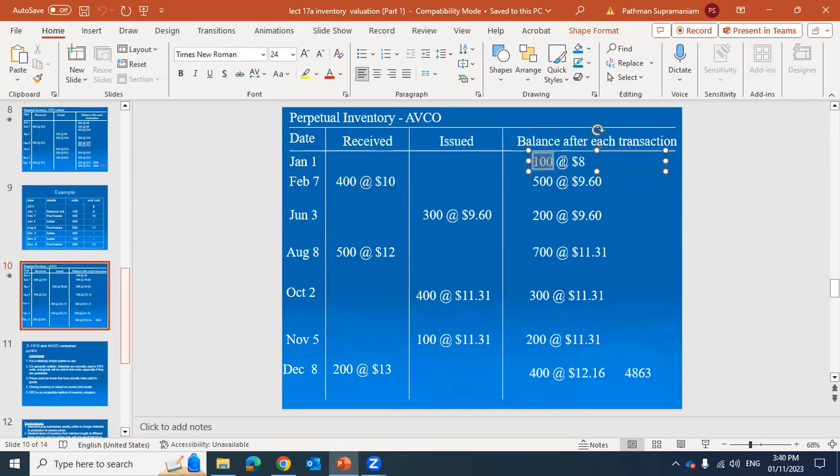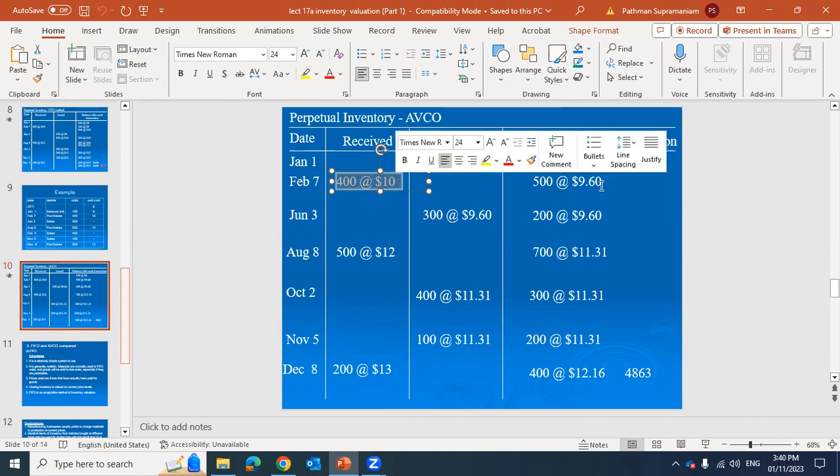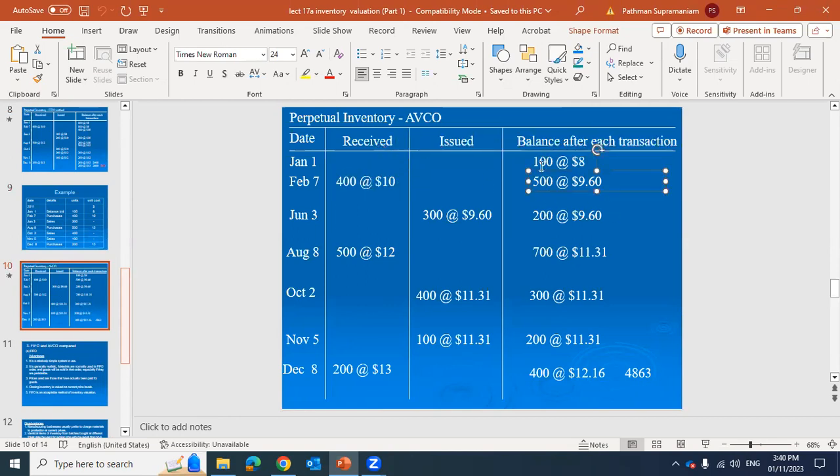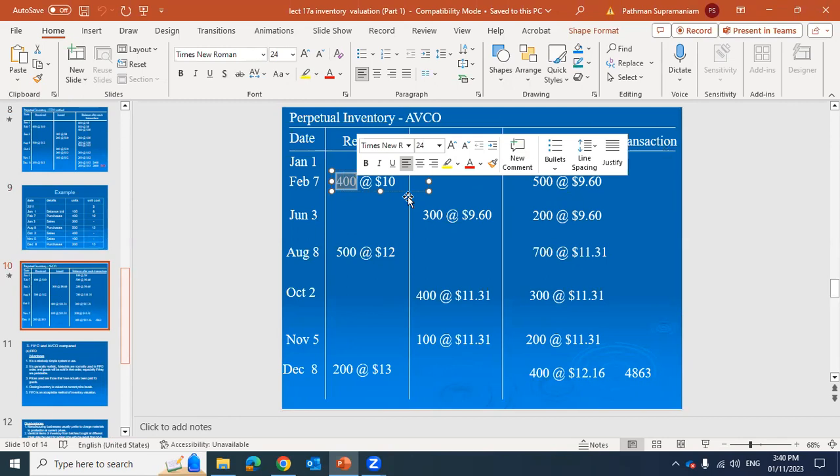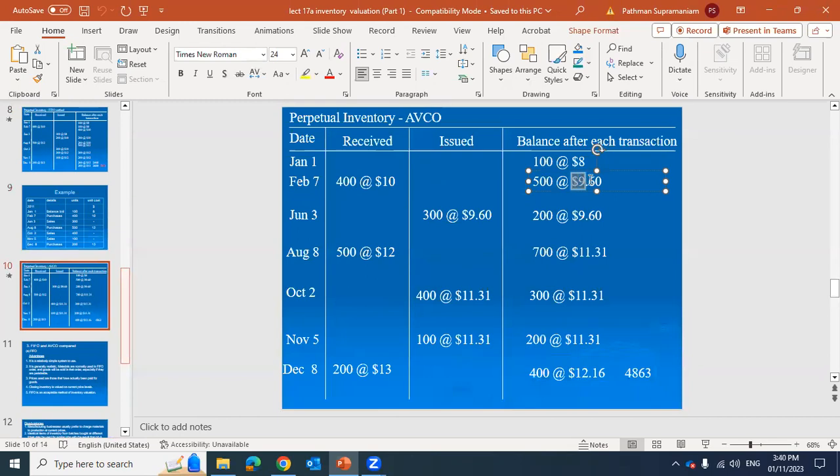So adding these, you'll get 800 plus 4,000, so that's 4,800. And you need to divide 4,800 with the number of units, which is 100 plus 400. So 4,800 divided by 500 will give us $9.60. So now our inventory balance is 500 units at $9.60.